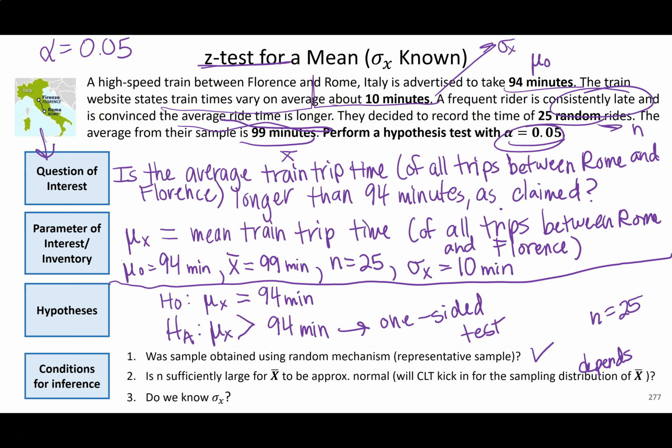But if it's roughly symmetric, if it's kind of normally shaped, absolutely 25 is big enough. If it is very skewed, 25 may not be. So keep in mind, we may not for sure have a big enough sample here. And do we know sigma? Yes, that was the 10 minutes.